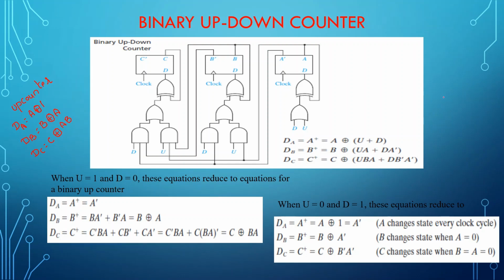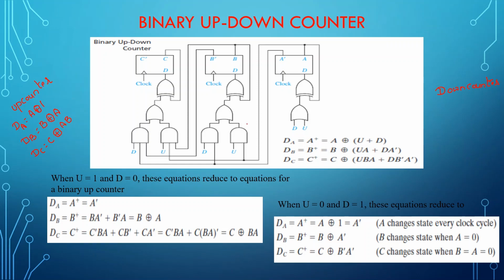Suppose you want to get an equation for the down counter. It is not necessary that you design or write those particular tables of inputs to the flip-flops, and it is not necessary to get the equations for the down counter separately.